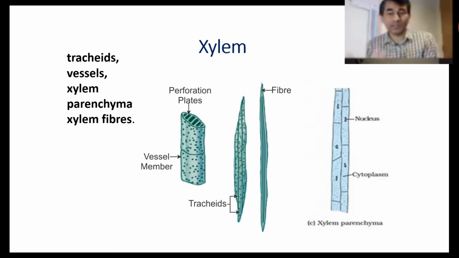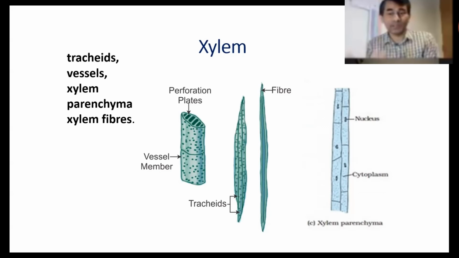And when the food is prepared by leaves, it is sent from leaves to the other parts by phloem tissue. So xylem has 4 types of cells: tracheids, vessels, xylem parenchyma, and xylem fibers. So just remember that xylem is responsible for conducting water, minerals, salts, nutrients from roots to the other parts.